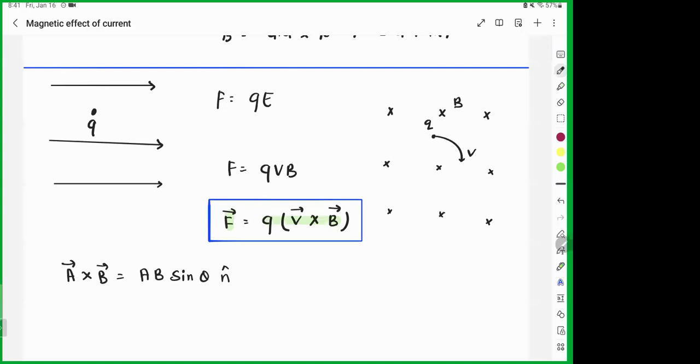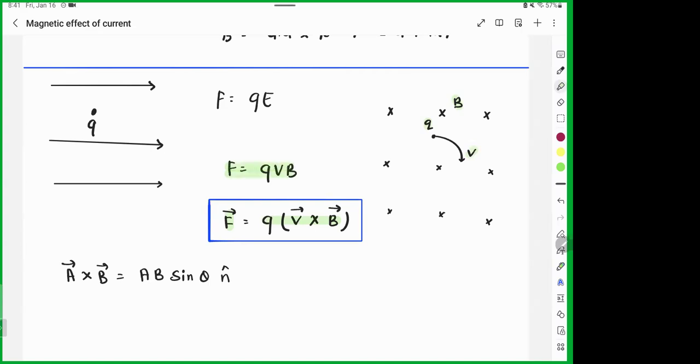We were doing force experienced in a uniform magnetic field. When you have a uniform magnetic field, the charge experiences some force, and because of this force it will start moving, so there will be some velocity. So force is equal to QVB.